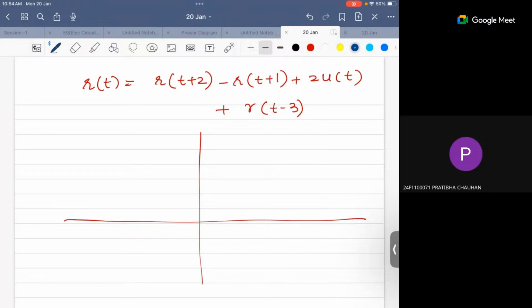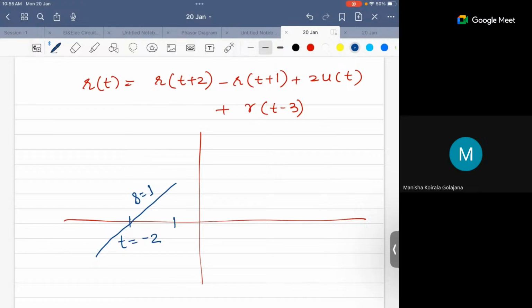It should start from where? At which point should it start? Minus 2. So at t equals minus 2, it should start with slope as plus 1. Okay.